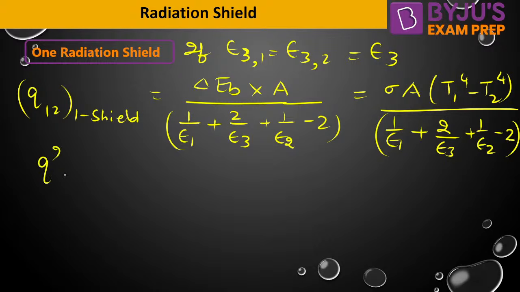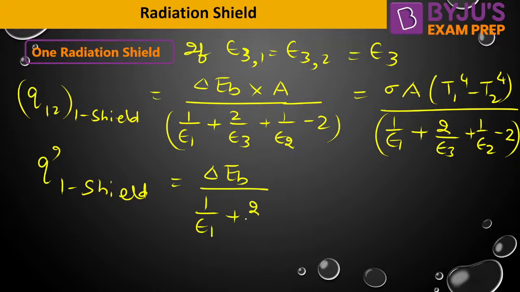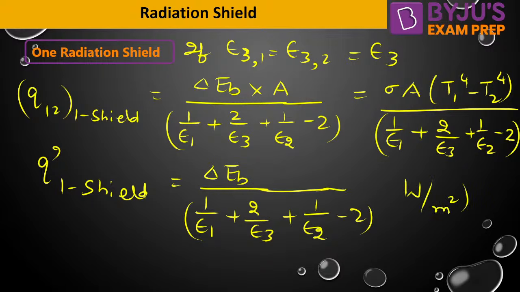And Q dash with one shield can be written as delta EB upon 1 upon epsilon 1 plus 2 by epsilon 3 plus 1 upon epsilon 2 minus 2. This will be the expression for flux, watt per meter square.